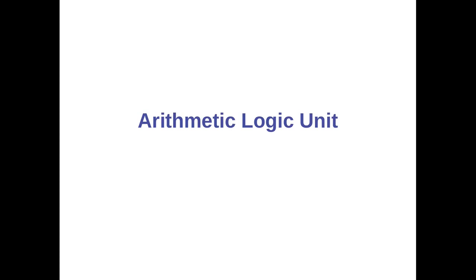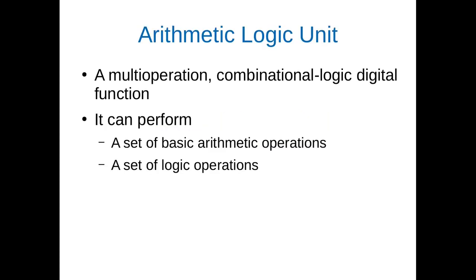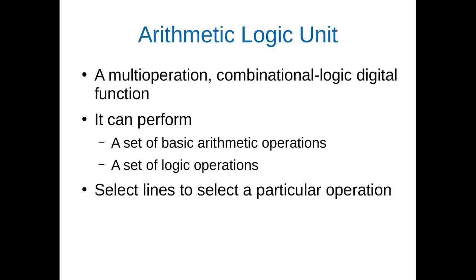In this video, we will discuss the arithmetic and logic unit, or ALU. ALU is a multi-operation combinational logic digital function. It can perform a set of basic arithmetic operations and a set of logic operations.